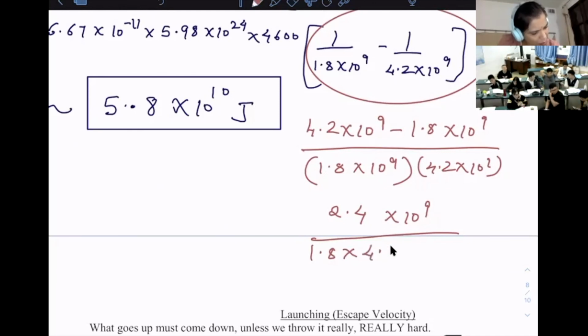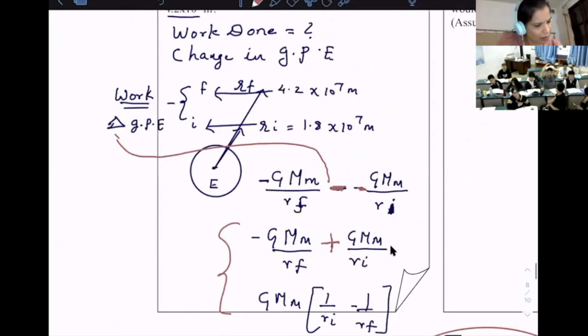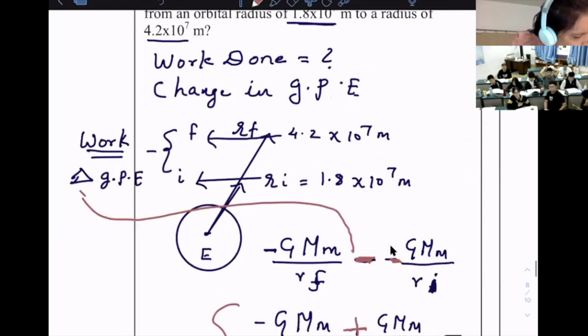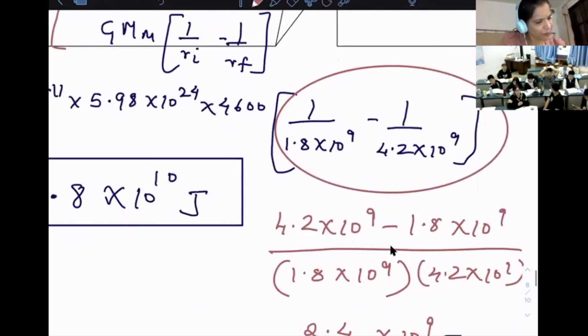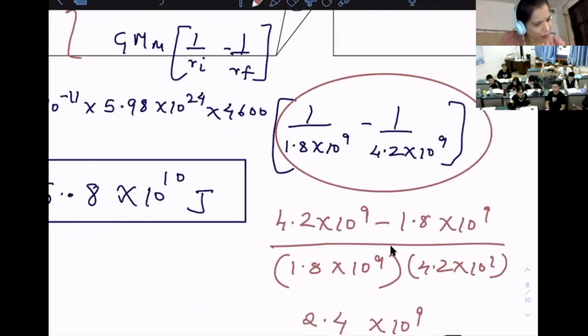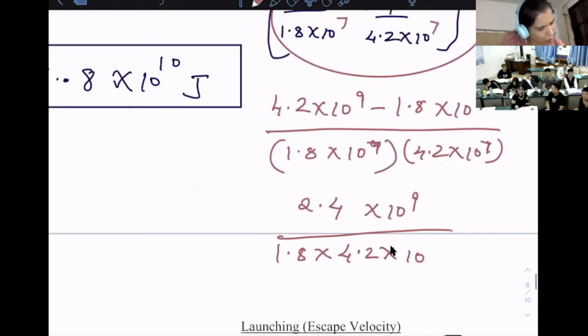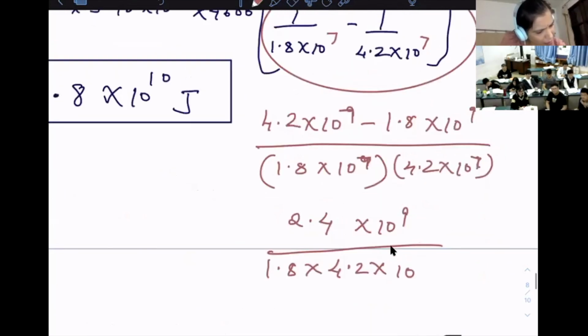The figure in the question is 1.8 times 10 raised to the power of 7, not 9. Seven, seven, seven, and this 7 and this 7 will make 14.